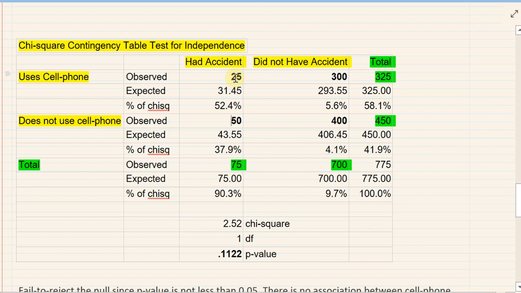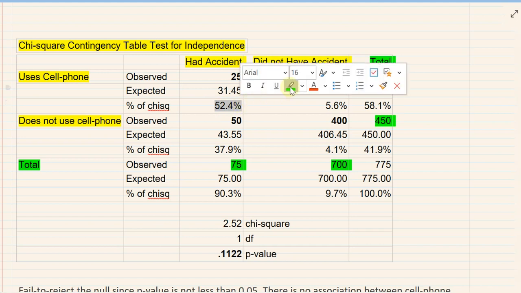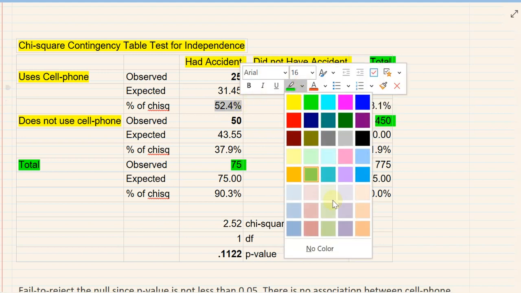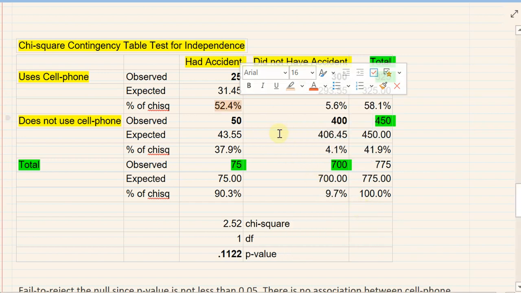Now let's take a look at this one. Remember, based on what I mentioned earlier, we look for the highest percentages in the contingency table. So the highest percentage is this one right in here, 52.4%. So I'm going to highlight that one. Maybe let's use orange, light orange.